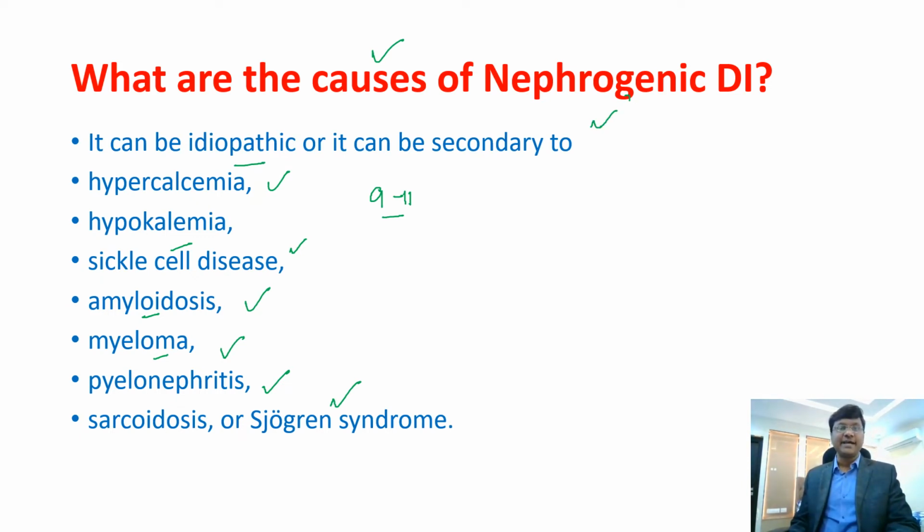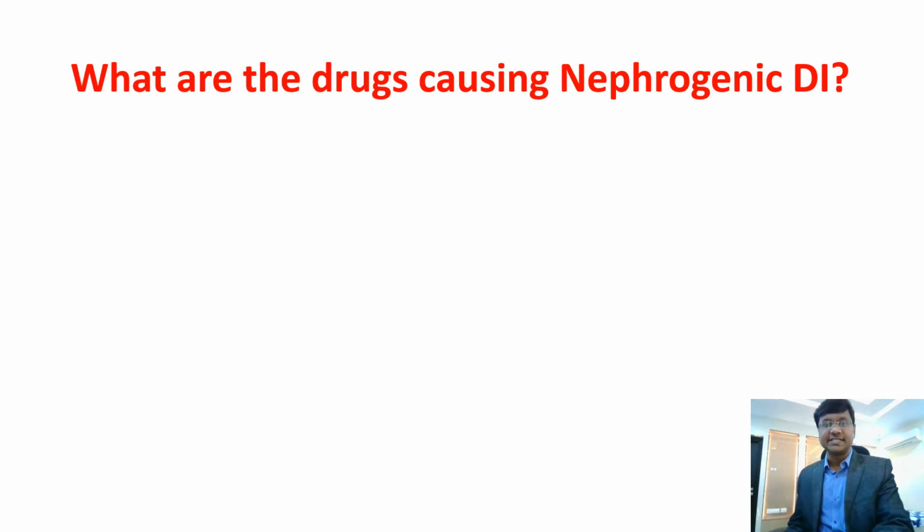The same way with pyelonephritis, where the infection of the tubules will make the individual have resistance to the action of antidiuretic hormone. And in sarcoidosis, there will be accumulation of non-caseating granuloma within the kidney. And in Sjogren syndrome, the autoantibodies destroy the function of the renal tubules for the action of antidiuretic hormone. So these are the causes of nephrogenic diabetes insipidus.